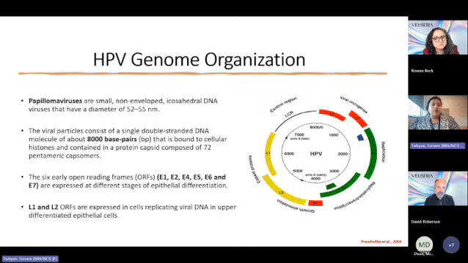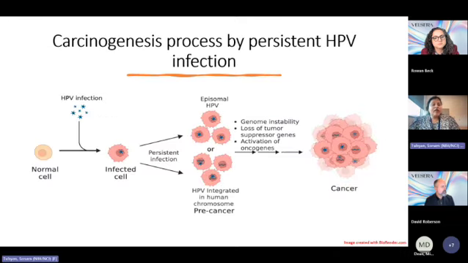It also has a URR, which is the untranslated region or the long control region, which has the transcription start site and various transcription factor binding sites. Once the HPV infects the normal cell, in 90% of the cases, the immune system successfully clears the HPV infection on its own within 2 years.